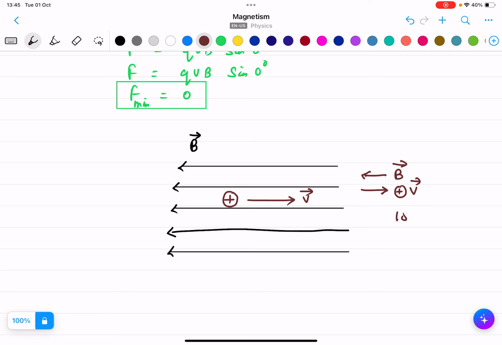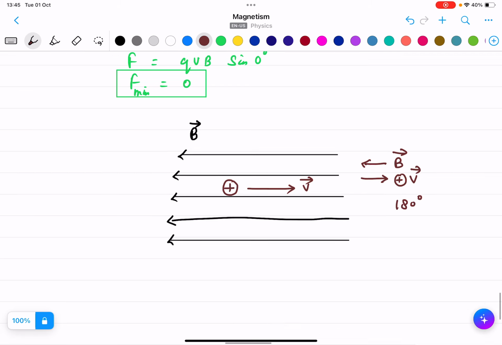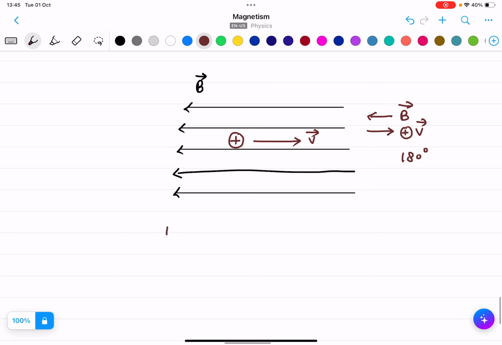So they are making a 180-degree angle, and sine 180 degree is also 0. So F minimum equals QVB sine 180 degree, that means F minimum will be equal to 0.